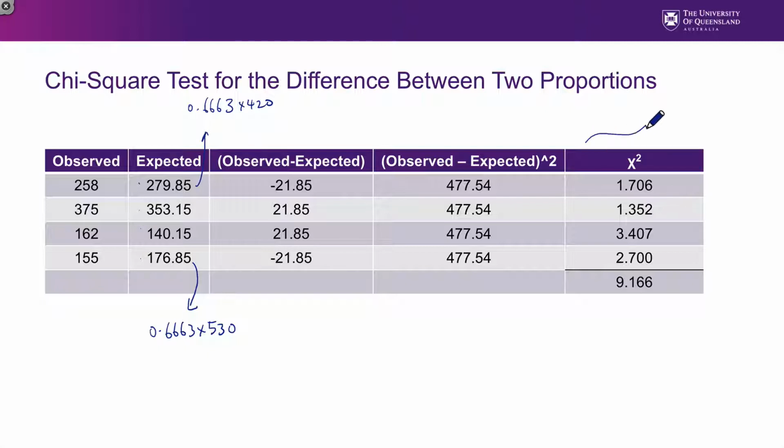And the sum of all of this, where this is equal to the observed minus the expected, squared, divided by the expected. The sum of it all is equal to your chi-square value. So this is your chi-square value itself.